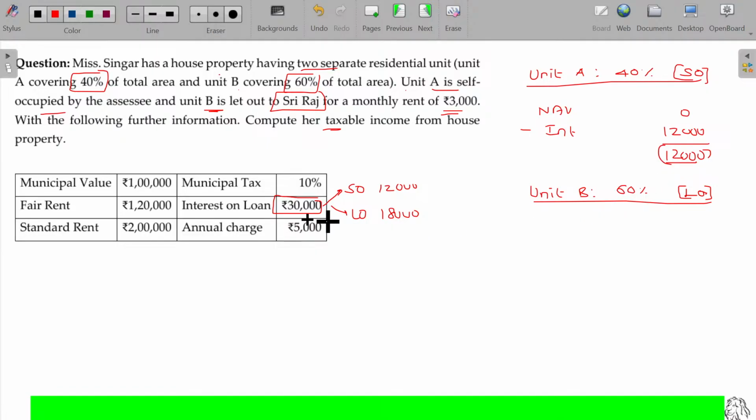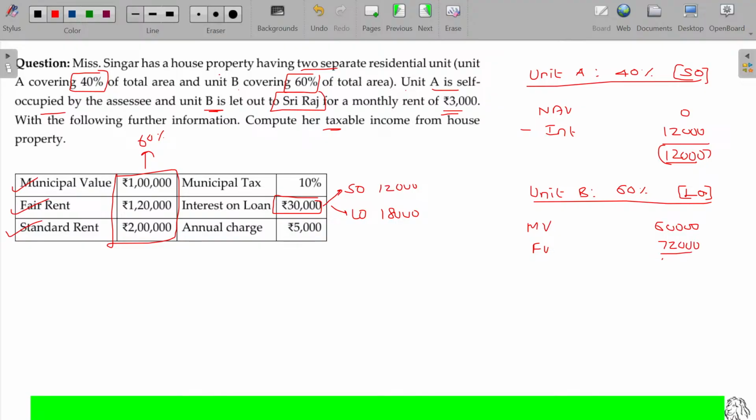In case of let out, you have to take the municipal value, fair rent, standard rent. This 1 lakh municipal value is for the full house property. But the let out portion covers only 60%, meaning you have to take only 60% of all these values. So municipal value is 60. Fair value, how much? 72.